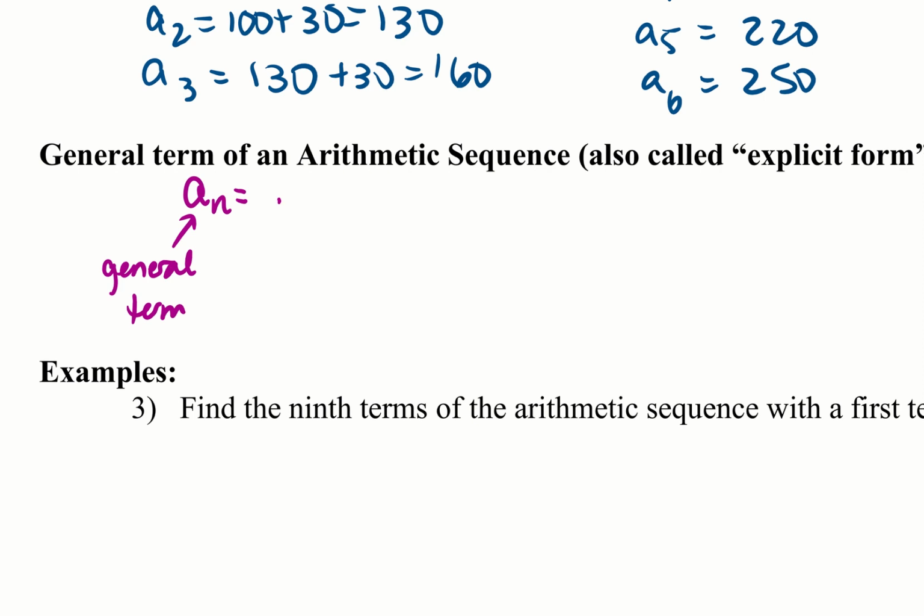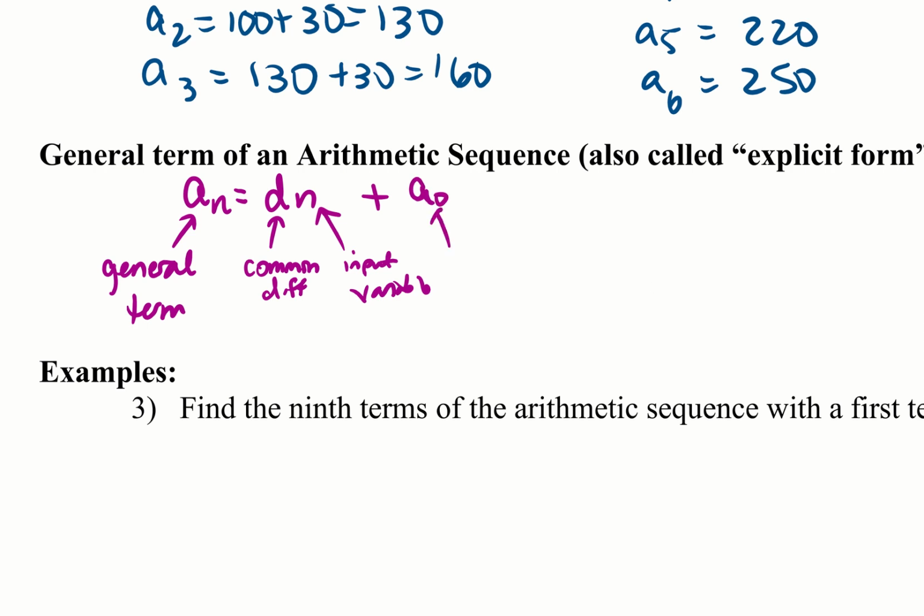And then I like to write this as dn. D is our common difference. This is like our slope. N is our input variable. And then it would be plus a sub 0.